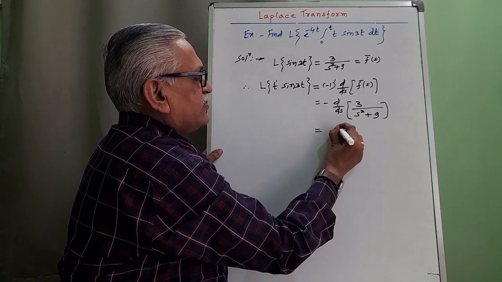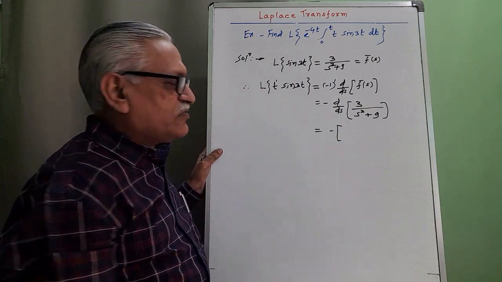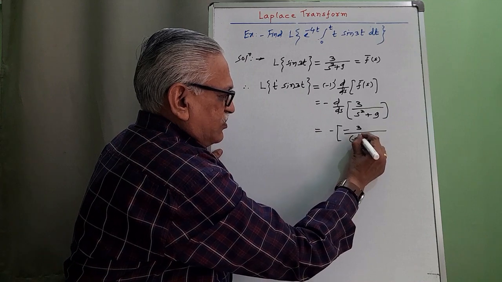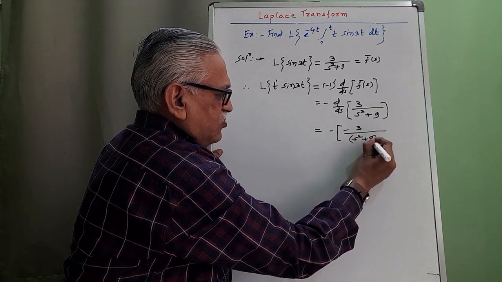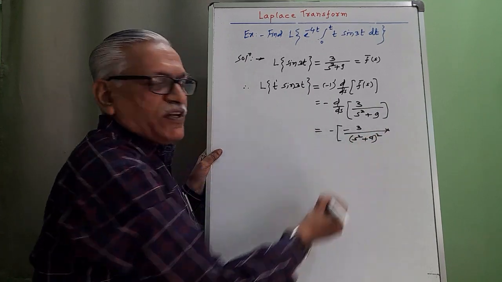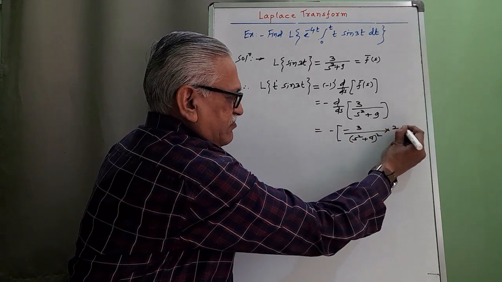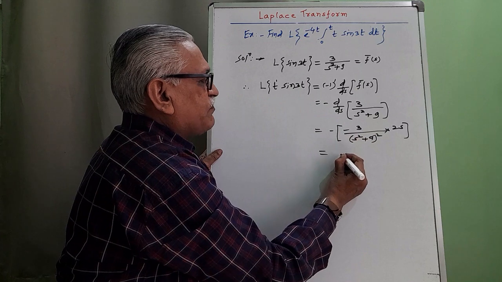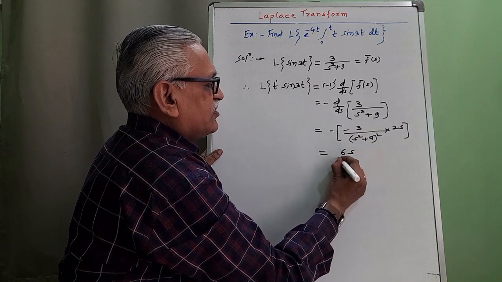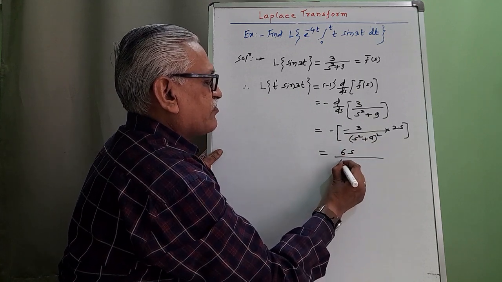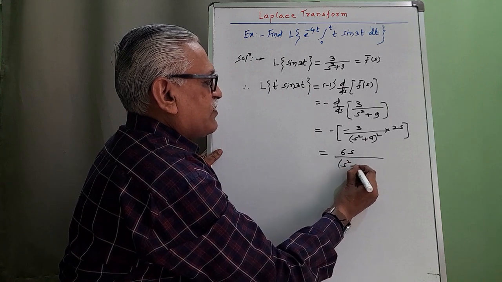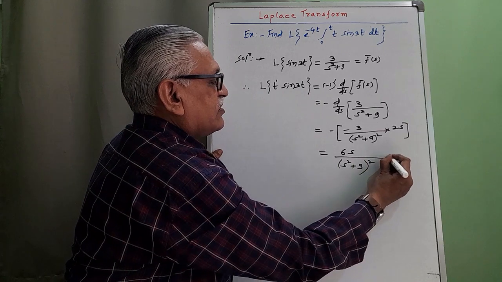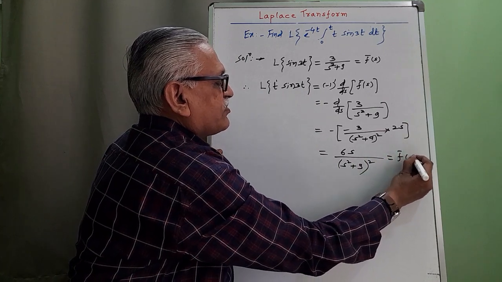Again 1 by x, its derivative is minus 1 by x square, as per that it becomes minus 3 upon s square plus 9 whole square. Chain rule, differentiation of s square is 2s. Simplifying it, minus minus it becomes plus 6s whole divided by s square plus 9 whole square, a new f bar of s.